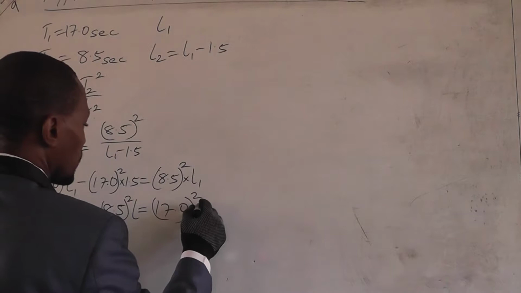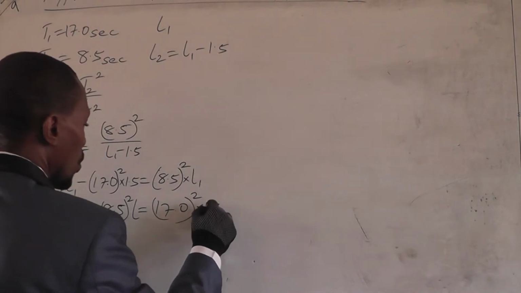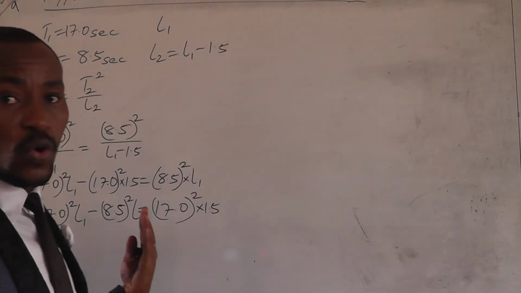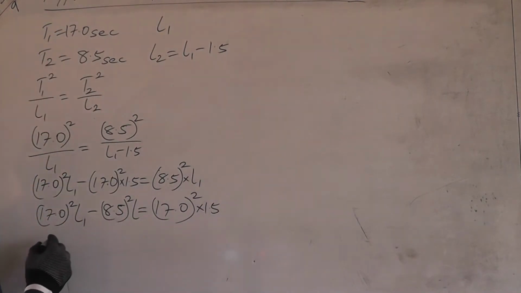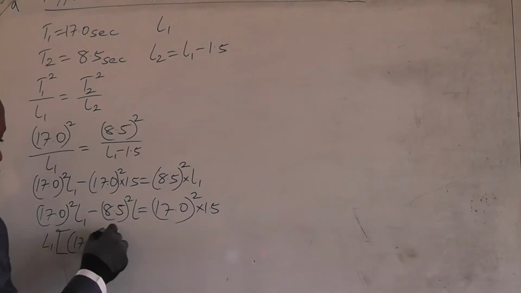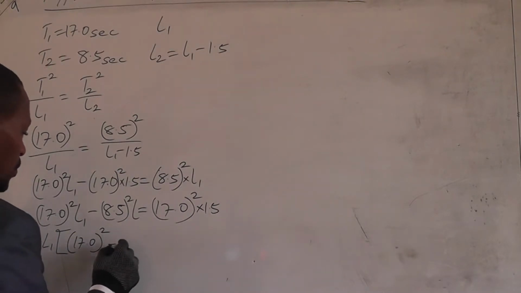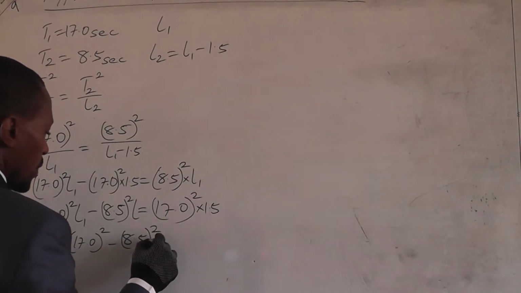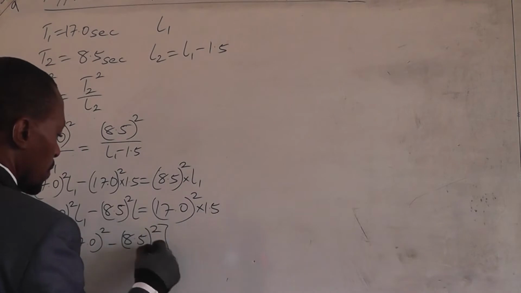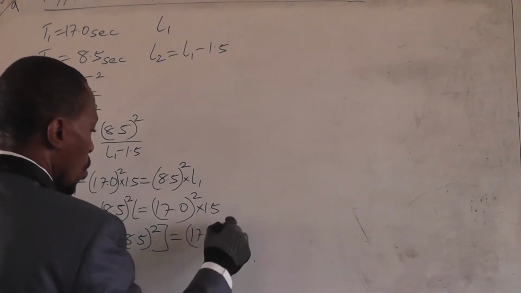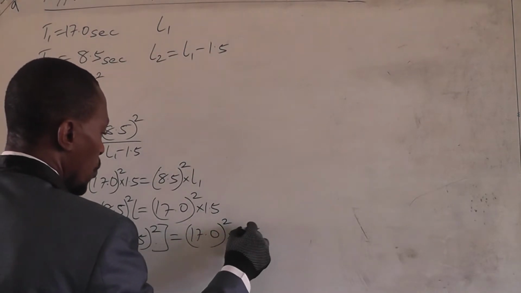Now I need L1. What I need to do mathematically here is factorize L1 out. So L1 into 17.0 all square minus 8.5 all square, I'll close my compound bracket, equals 17.0 all square times 1.5.